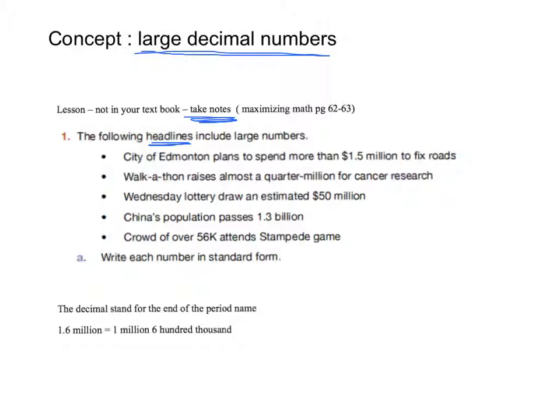So for example here, we have the City of Edmonton plans to spend more than 1.5 million to fix roads. So what that actually means is that the million is where that decimal is. So we would have 1 million, and the 5 is continuing.